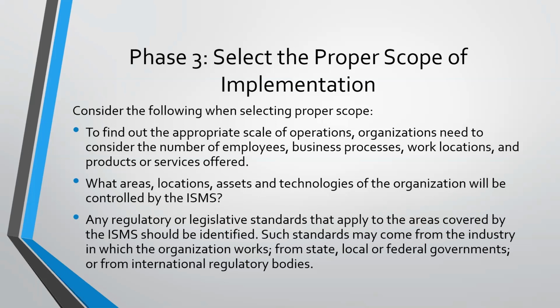You need to ask questions like, will suppliers be required to abide by the ISMS? Are there dependencies on other organizations, and should they also be considered? Basically the scope should be kept manageable, and it may be advisable to include only parts of the organization, such as a logical or physical grouping within the organization.